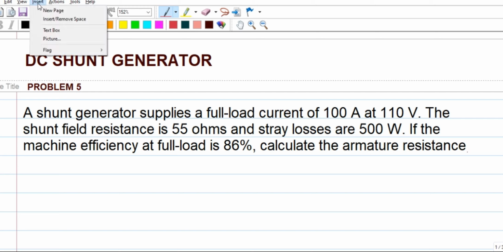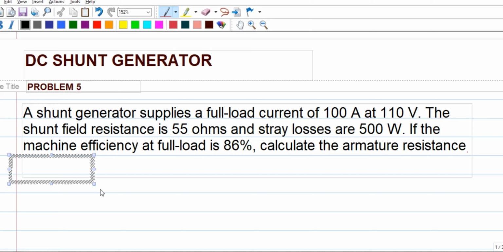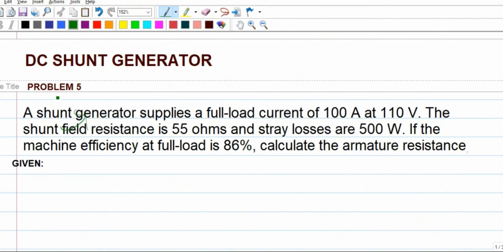First, we have to write the given. Full load current of 100 amperes, IL, at 110 volts. The VL, or the load voltage, or the terminal voltage. The shunt field resistance is 55 ohms, so 55 ohms as the RSH.